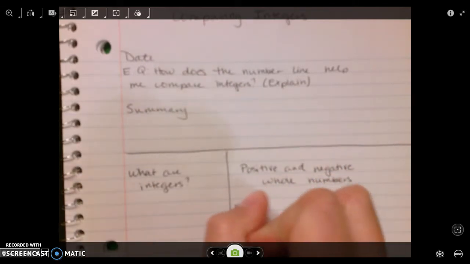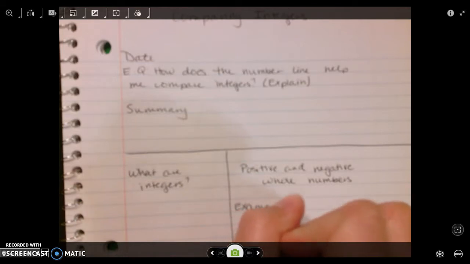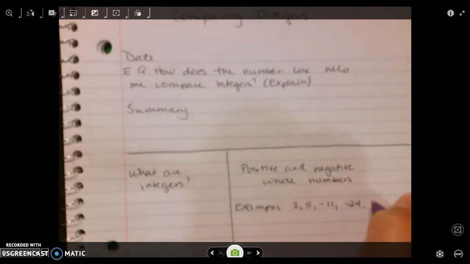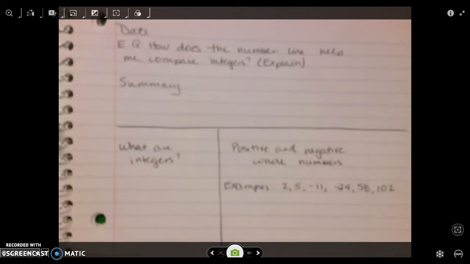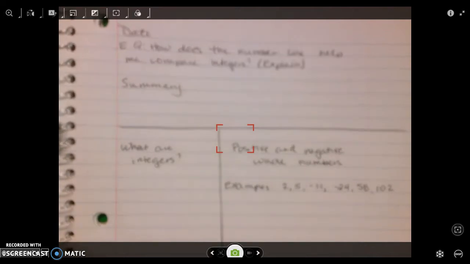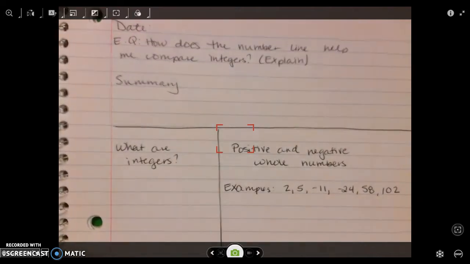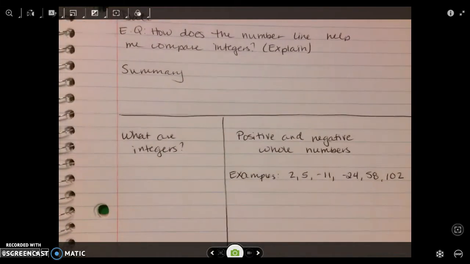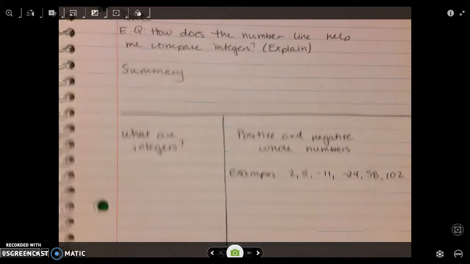So some examples would be 2, 5, negative 11, negative 24, 58, 102, and so on and so forth. So knowing what integers are first will help us when we're comparing them.